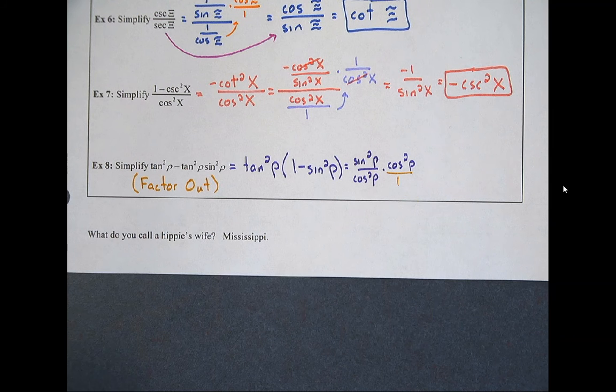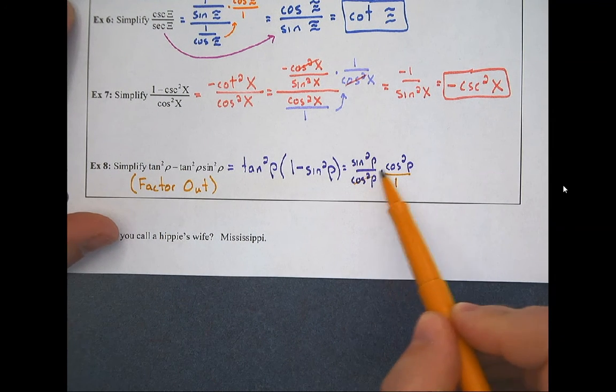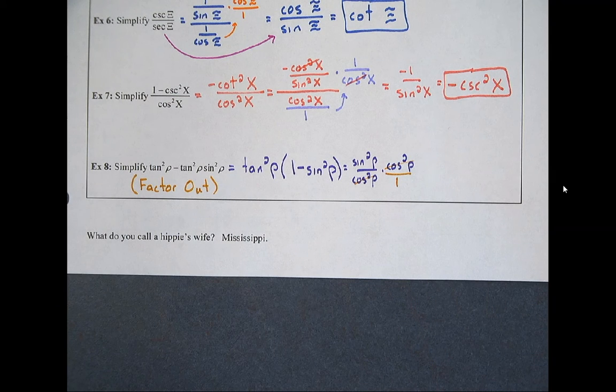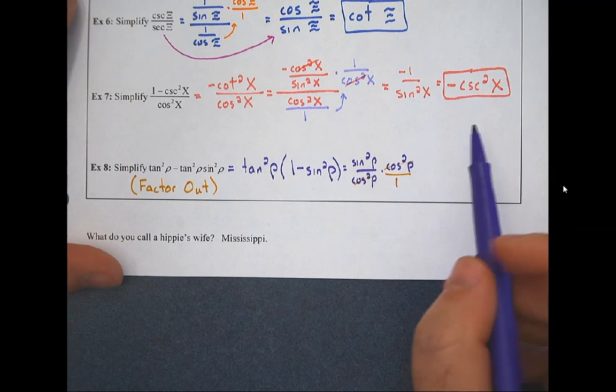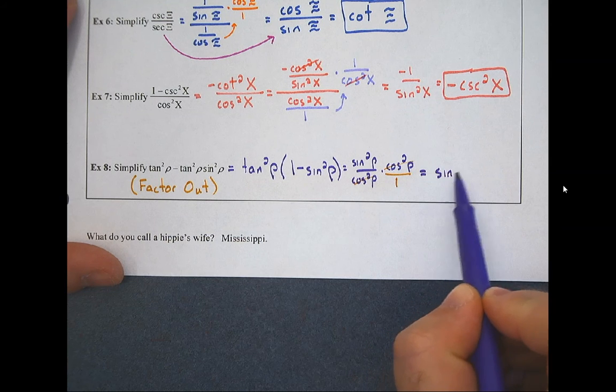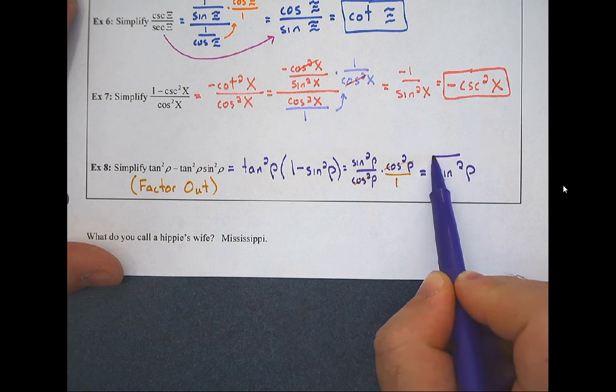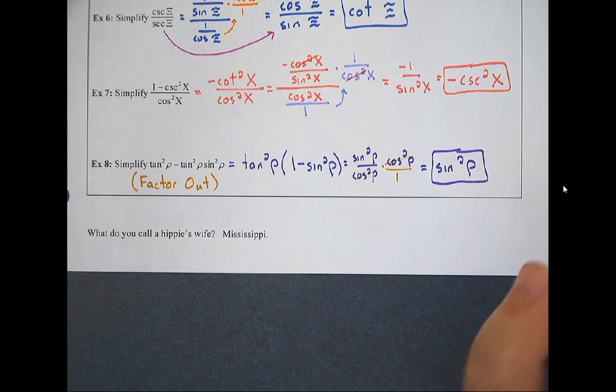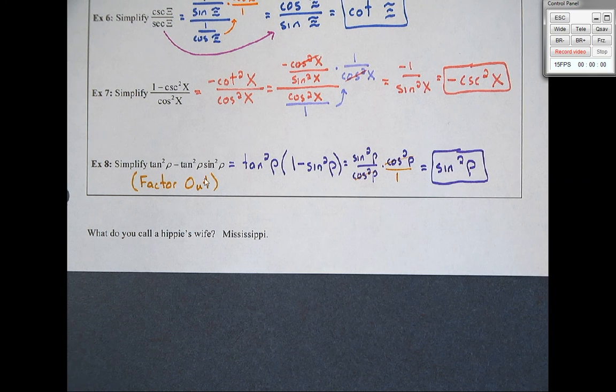How do you multiply fractions? Straight across, or you can look and see if things cancel first. Those cosine squareds cancel each other out, and we're left with sine squared. What do you think? All right, so pay attention. Look for that factor out thing. That's going to be one that you're only going to see a couple times, but you still got to be alert for it. Good luck.